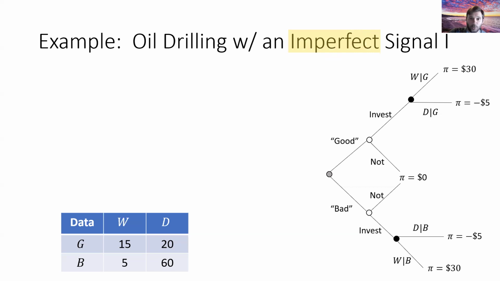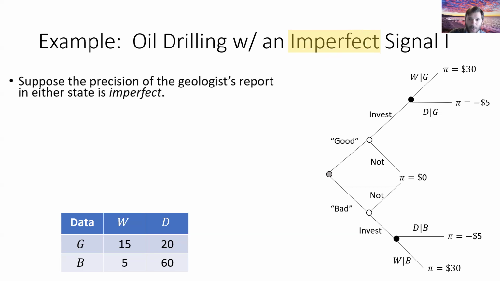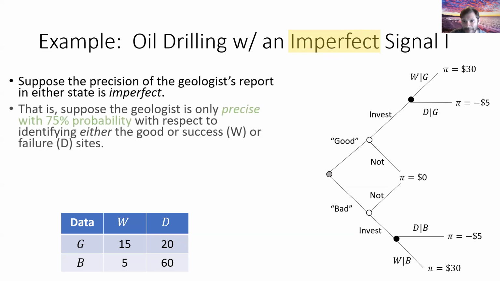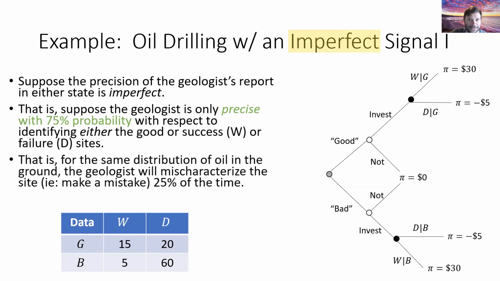And we're going to now have to recompute every single one of those red and blue probabilities that we had a moment ago on the screen, using the new version of our data, which is consistent again with this geologist being precise 75% of the time, meaning they make these mistakes 25% of the time. 5 false negatives, 20 false positives.